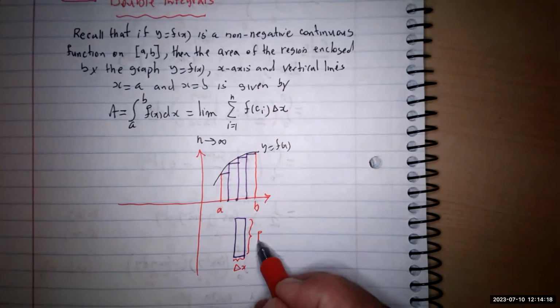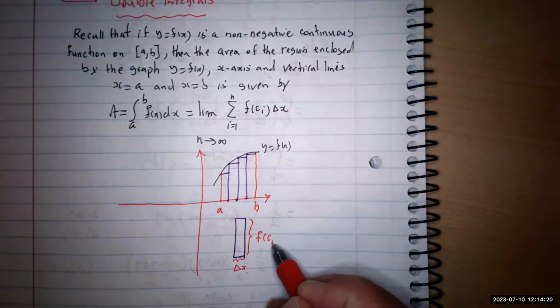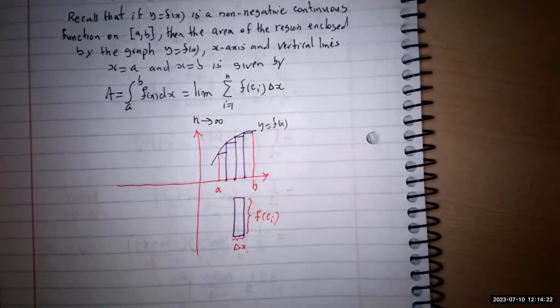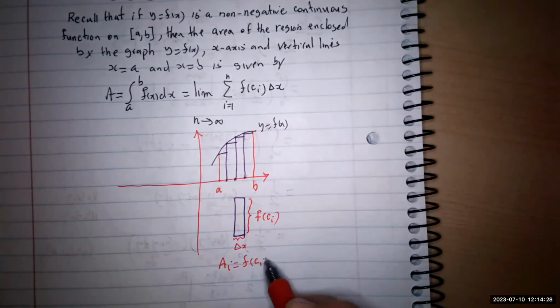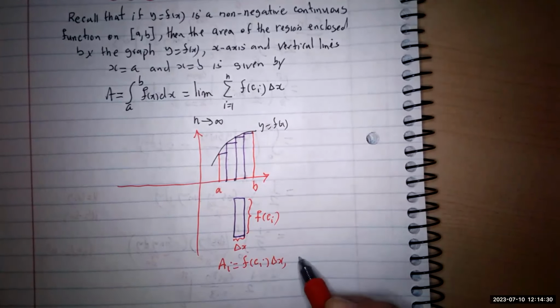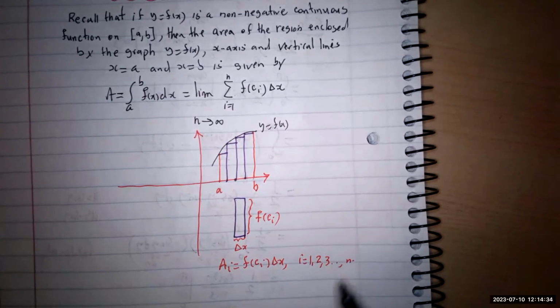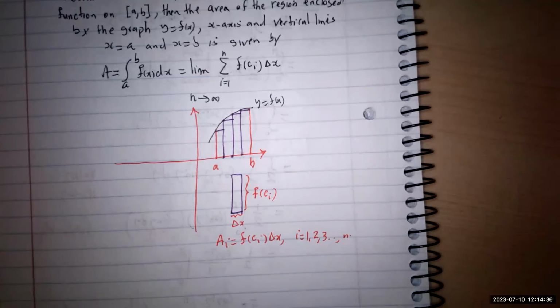We call that point ci, so f of ci. So for each of these rectangles, the area Ai is going to be f of ci times delta x, with i equal to 1, 2, 3 up to n, depending on how many parts you pick.